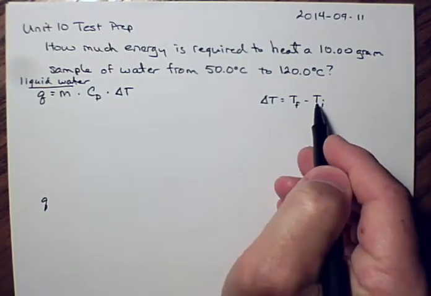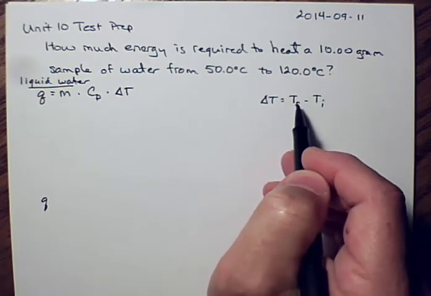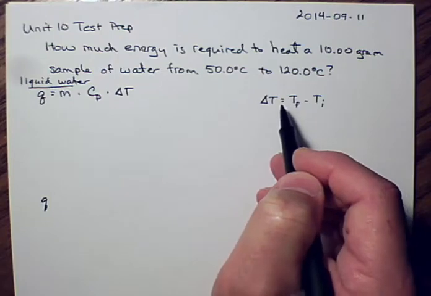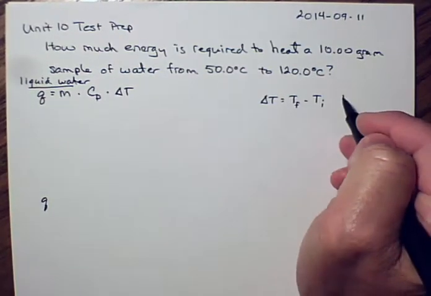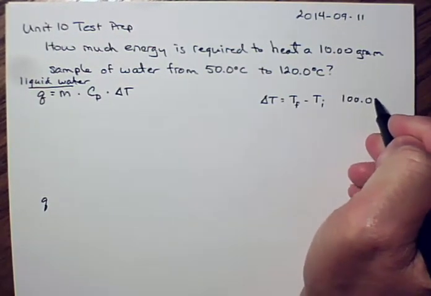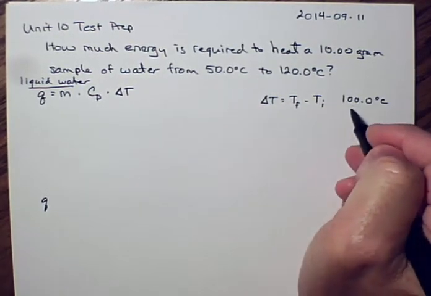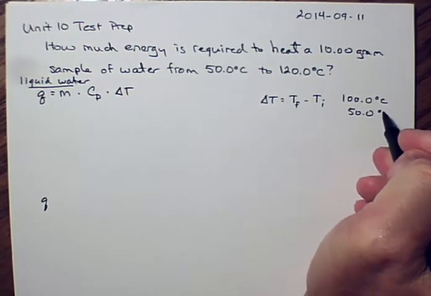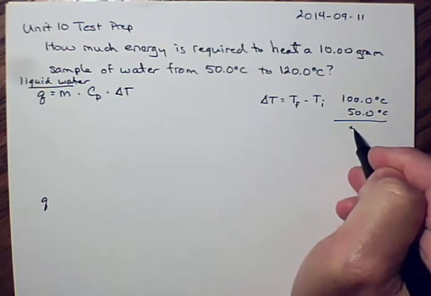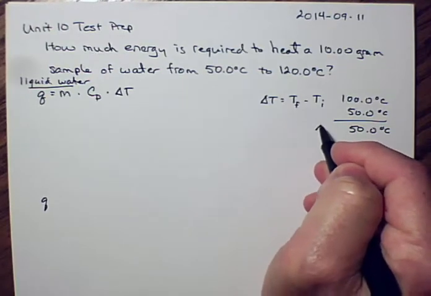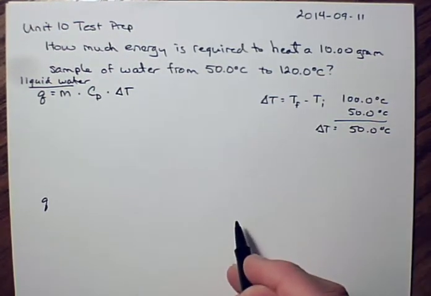The final temperature for liquid water can be only up to 100 degrees C. We're heating it up, so we can only go to 100 degrees C. And the initial temperature is what we started at. So we got a 50 degree C change in temperature, okay?